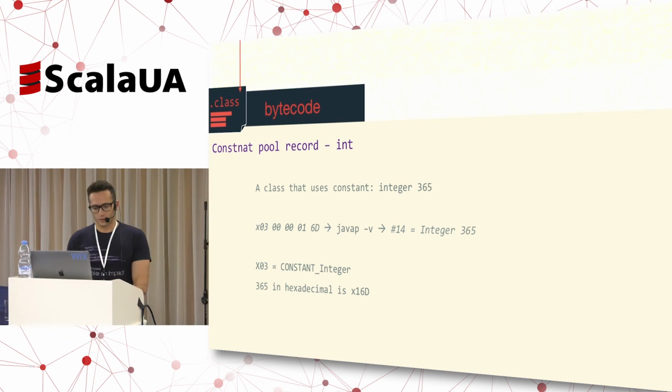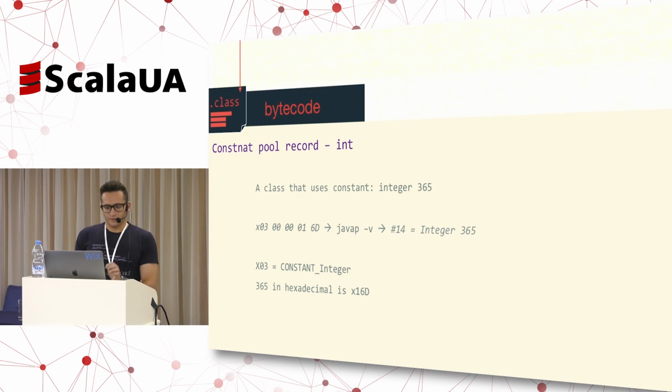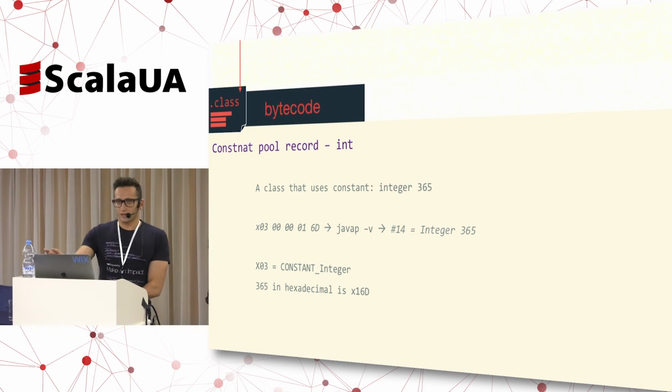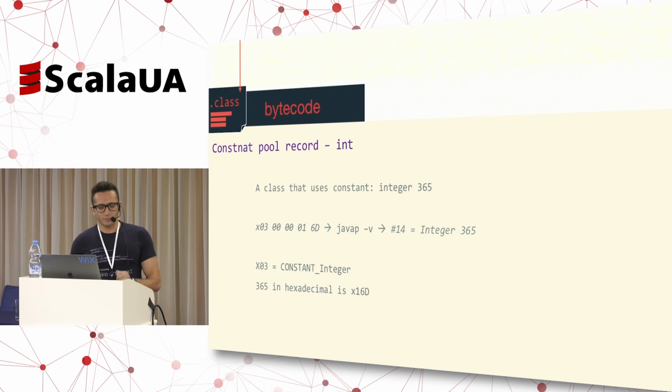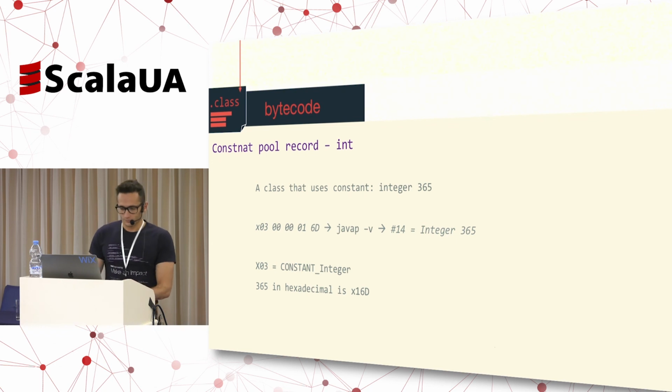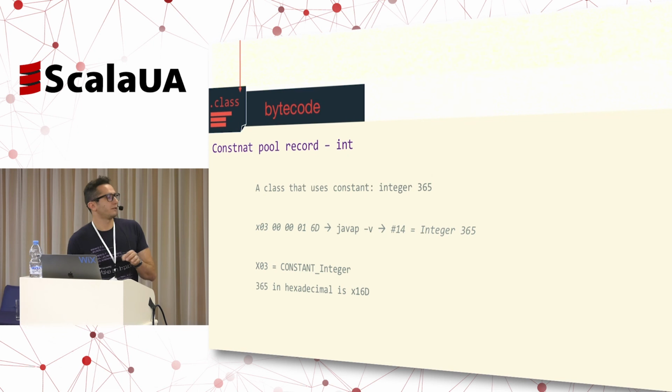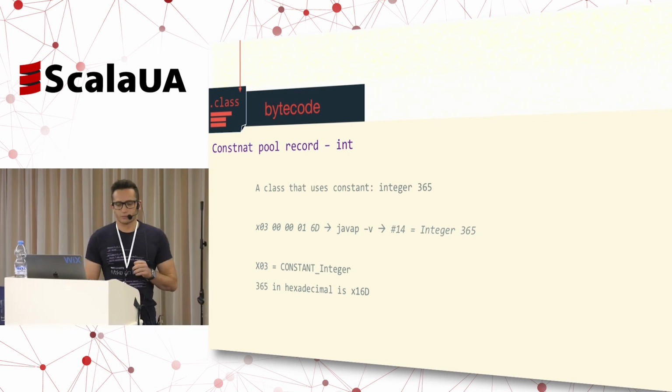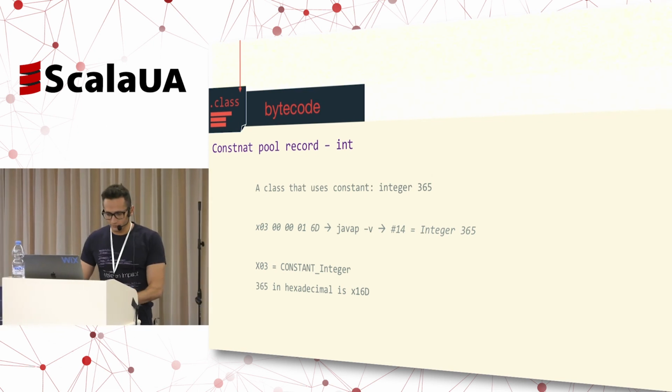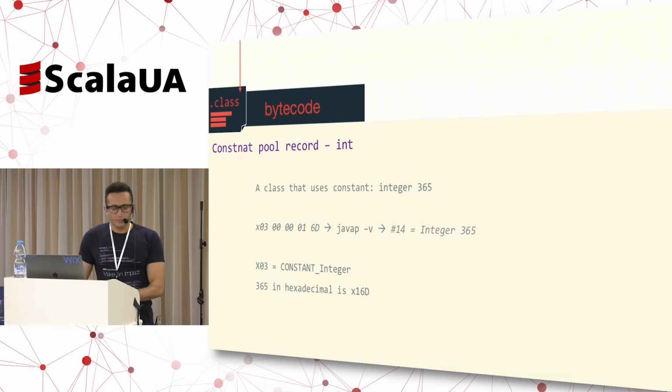The first byte of every entry is a numeric tag indicating the type of the entry. The remaining bytes provide information about the value of the entry and rules to interpret its value and content. So if the 14th record inside the constant pool is the line we are seeing on the left, javap will output the thing on the right.